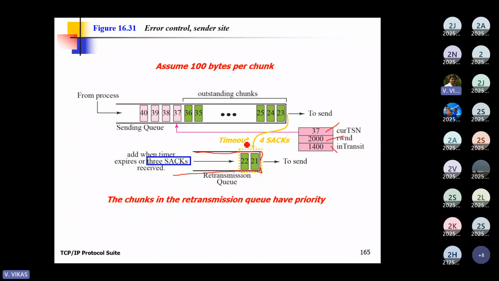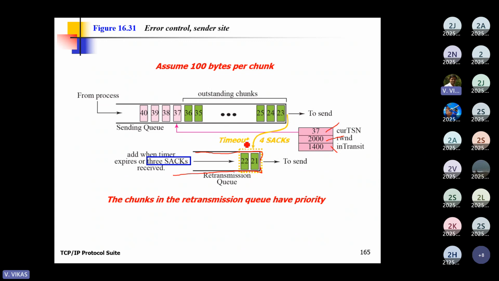So with respect to retransmission queue, why we have 21 and 22 is either let us say RTO timeout happened, retransmission timeout happened, because of which I moved 21 to this retransmission queue, or let us say I have received 4 selective acknowledgements. In TCP, we used to call 3 duplicate acknowledgements, right? Or 4 TCP acknowledgements also we can say. So in this case, we are saying we received 4 selective acknowledgements, let us say for 22nd.